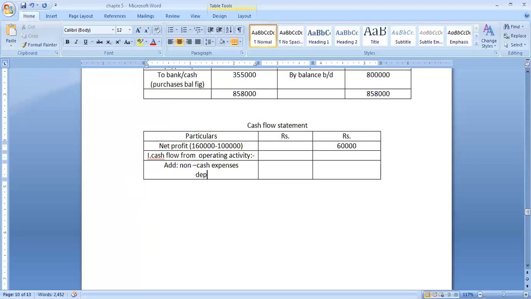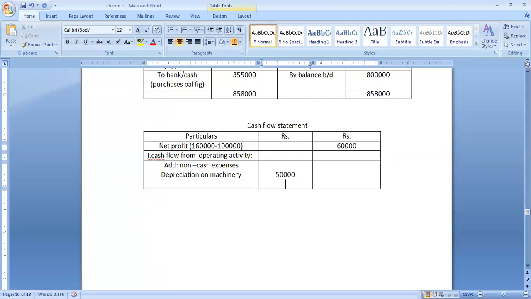There is depreciation on machinery. So what is the value of depreciation on machinery you got? It is 50,000. Okay. And there is also transfer to general reserve information.